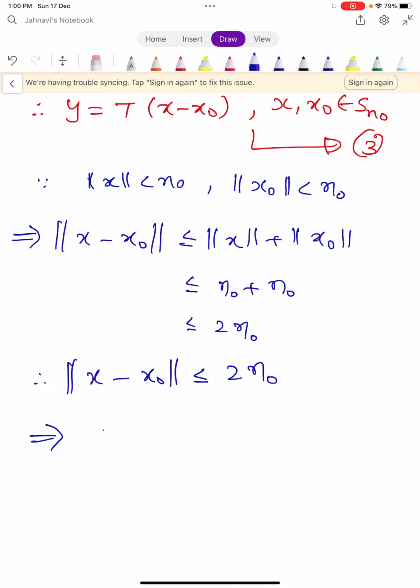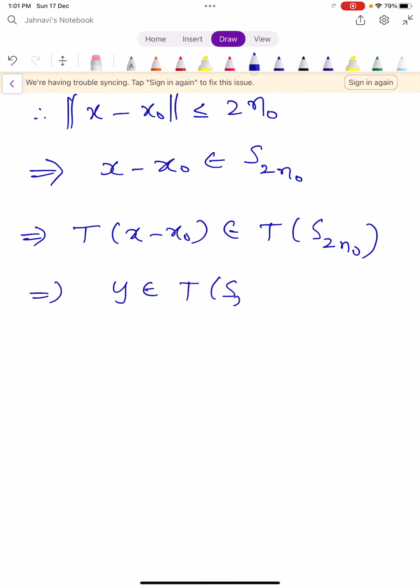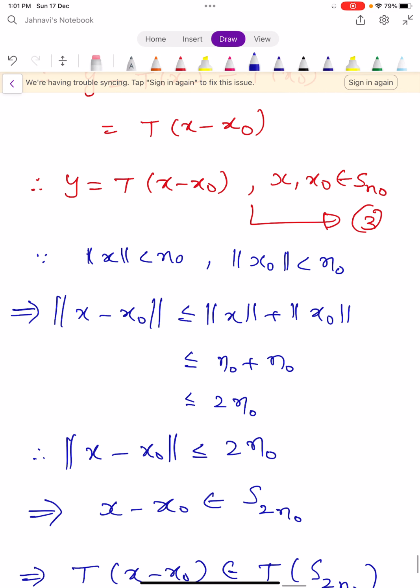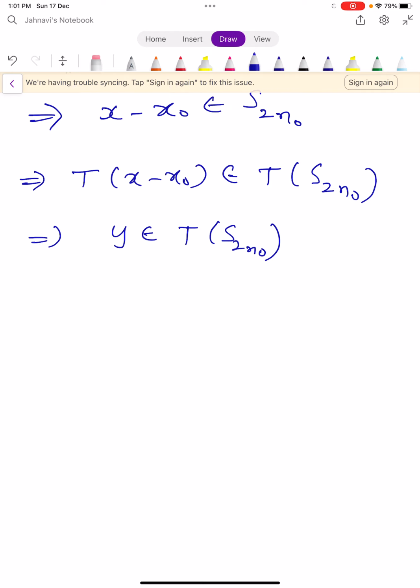This implies the element x minus x naught belongs to S_2n0. Then T(x minus x naught) belongs to T(S_2n0), which is y. From equation 3, y = T(x minus x naught), so y belongs to T(S_2n0).